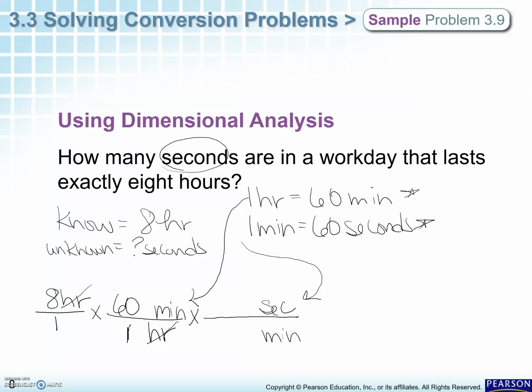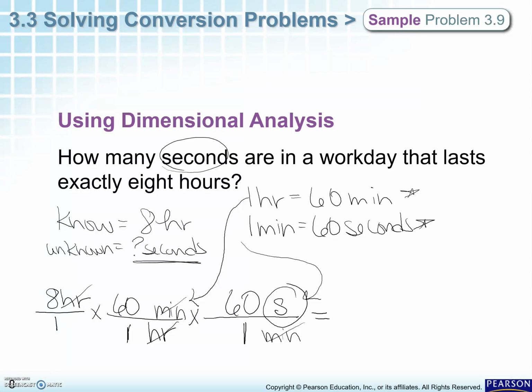So we would put our seconds on top. So there's 1 minute, according to this equality, is equal to 60 seconds. Now we cancel out the things that match from the top and the bottom, and we are left with seconds, exactly where we want to be to find out the answer to this problem.